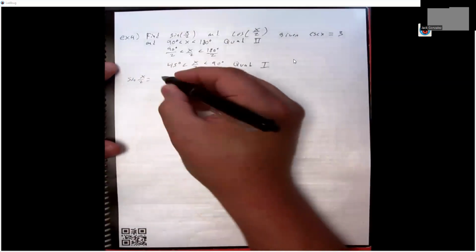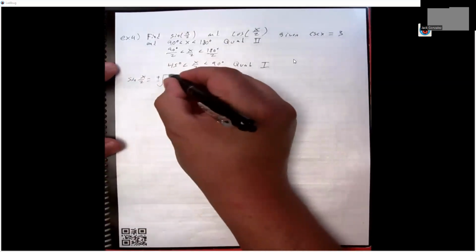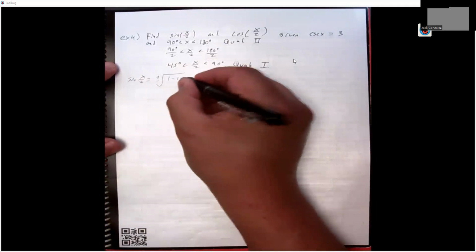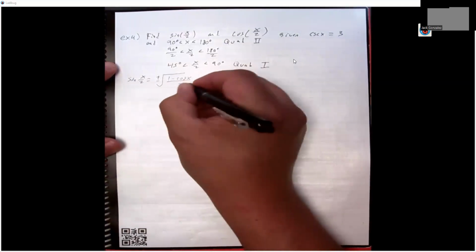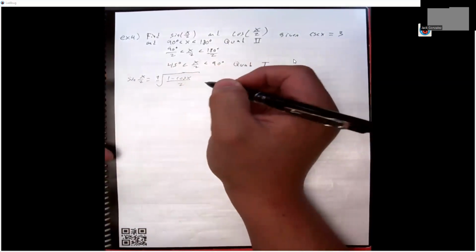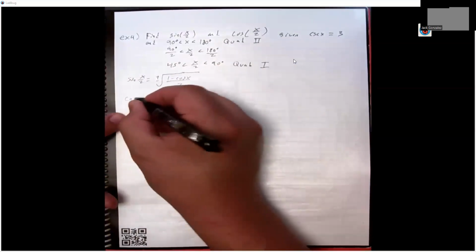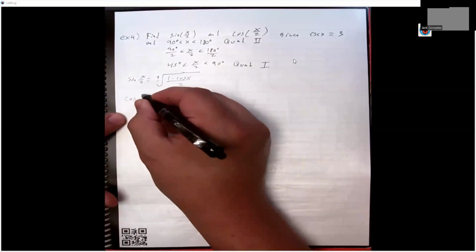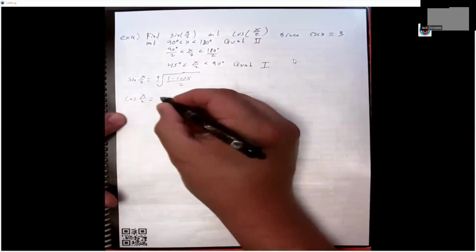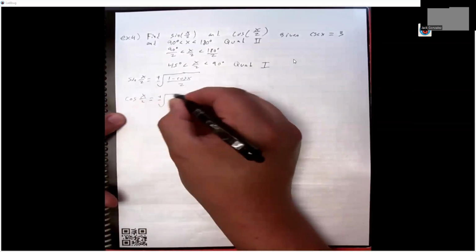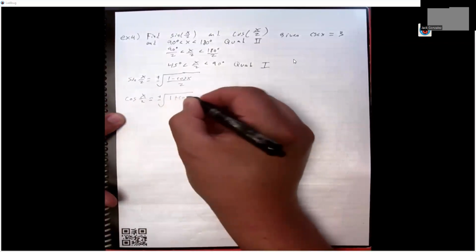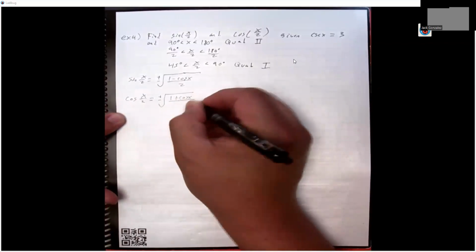So they want us to find x over 2. Sine of x over 2 is equal to plus or minus the square root of 1 minus cosine x over 2. Cosine of x over 2 would be plus or minus the square root of 1 plus cosine x over 2.